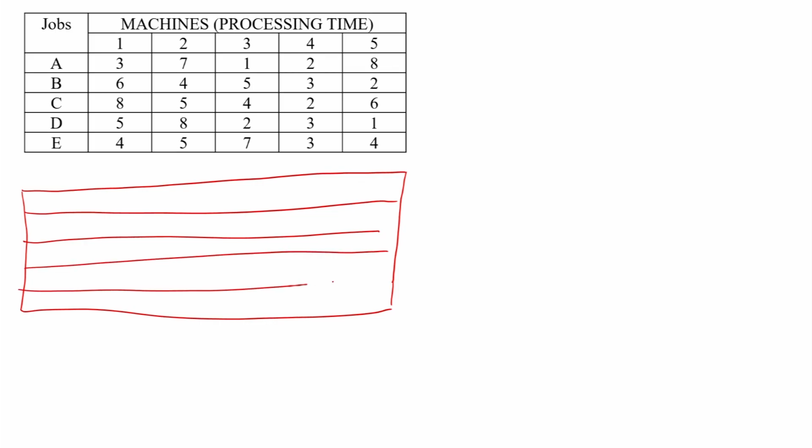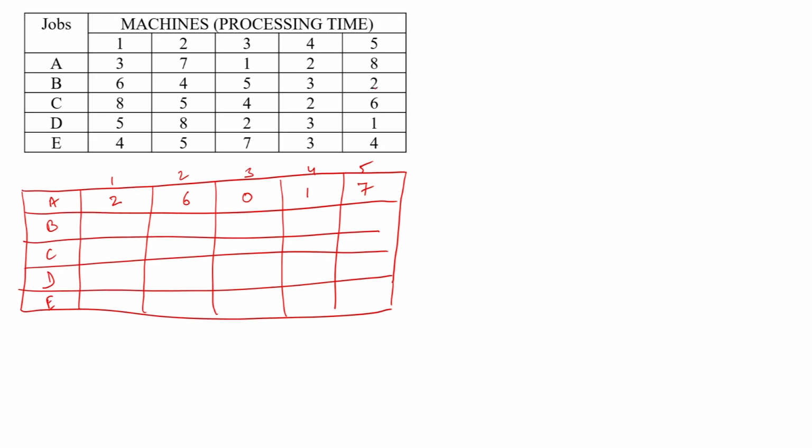These are my jobs A, B, C, D and E. These are our machines 1, 2, 3, 4, 5. What is the smallest number in row 1? That is 1. So, if I subtract 1 from this, I will get 2 here, I will get 6 here, I will get 0 here, I will get 1 here and I will get 7 here.